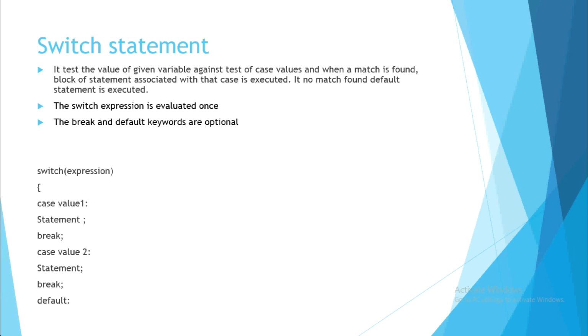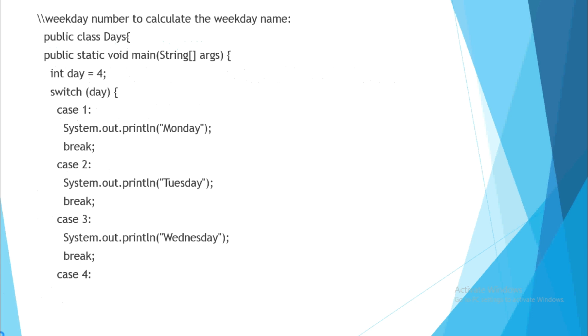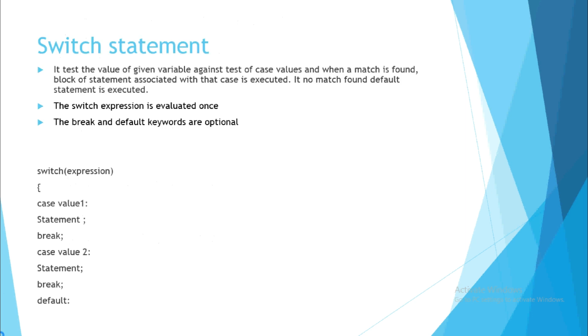Then if you can see over here, case 2 is there, case 2 value 2. In case the case 1 value is not satisfying, it will go to case 2, and in case that is also not satisfying, then it will go to default value. That means none of the conditions are satisfying, and so it will print the default value.